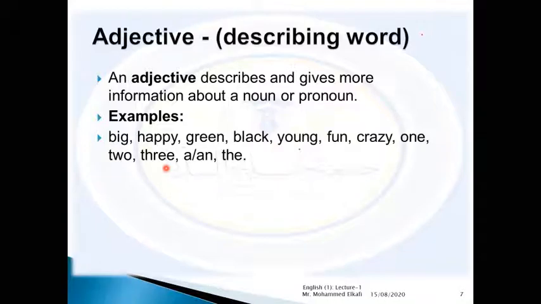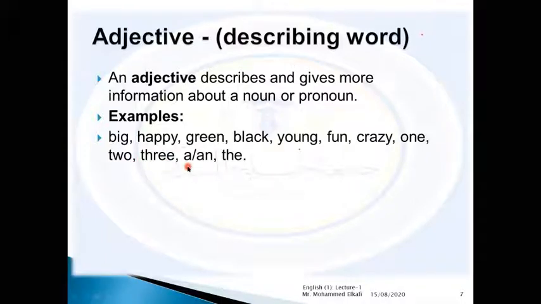So we think of the order. We use ordinals in order: first, second, and third. And cardinals as 1, 2, 3, etc.